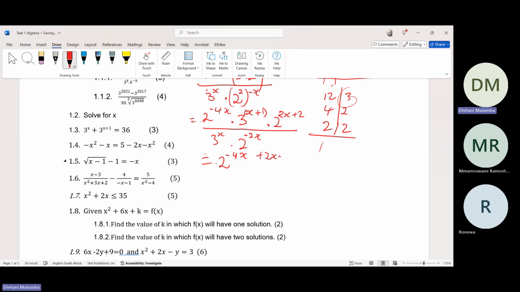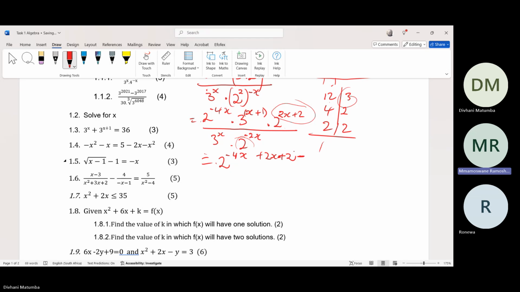You agree? Yes. Because these two have the same base. This one also has the same base. So what are we going to do?